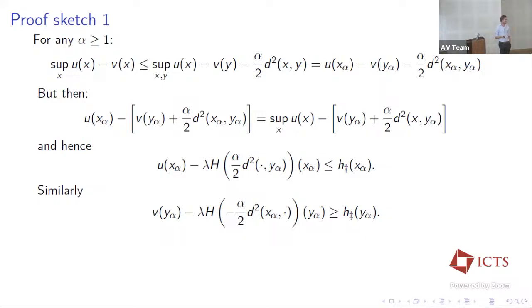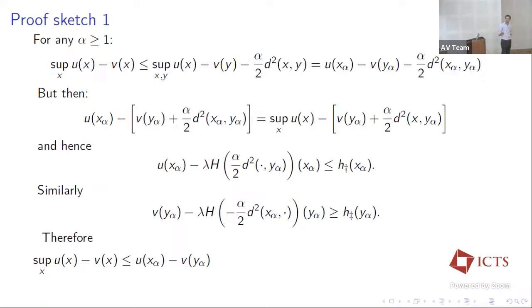Now, why is this useful? Let's take a look. We go back to the beginning. u of x minus v of x was upper bounded by this one with the minus alpha over 2 d squared. And this was equal to this difference minus alpha over 2 d squared in the optimizers. Well, alpha over 2 d squared is positive, so I can drop it.